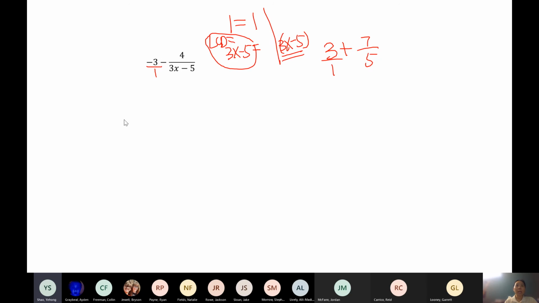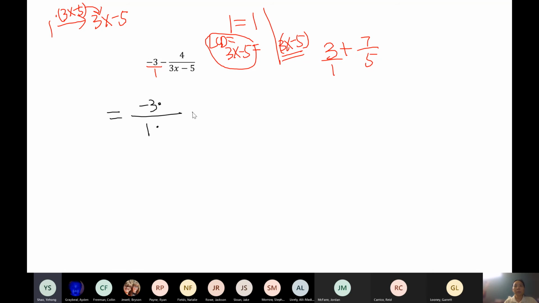So now I'm going to change the first denominator 1 to 3x minus 5. Now how do we change 1 to 3x minus 5? Just multiply by 3x minus 5, because 1 times anything will be itself. So let's work out the first part, which is negative 3 over 1.